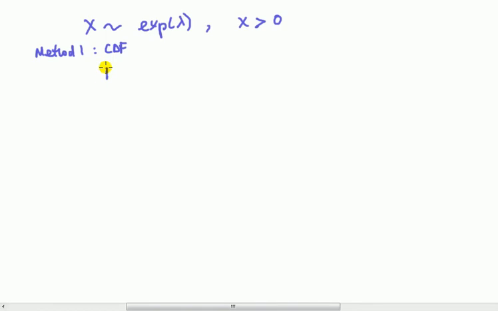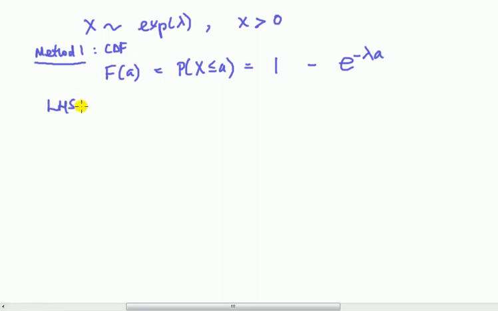So first let's write down what is meant by the CDF for the exponential. So it's probability x is less than or equal to a, and that is equal to something that you've proved before. If you haven't proved it before, it's in textbooks. Okay, there you go. That's what we have. Let's do it.